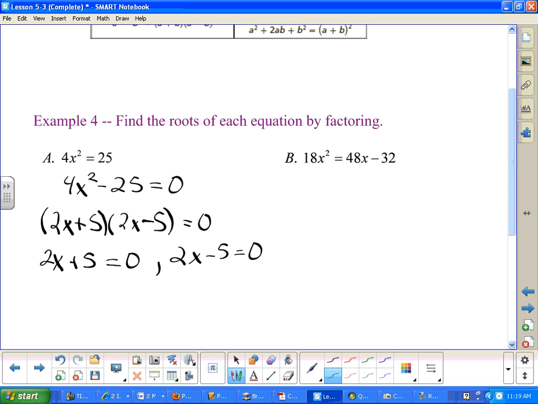And the nice thing actually about them, when you have the difference of two squares, when you solve them, you really only need to solve one of them, because you're going to get the same number, except one's going to be a positive and the other one's going to be a negative. So we'll subtract 5, divide by 2.